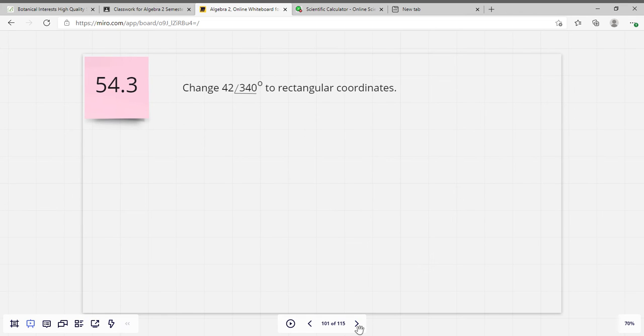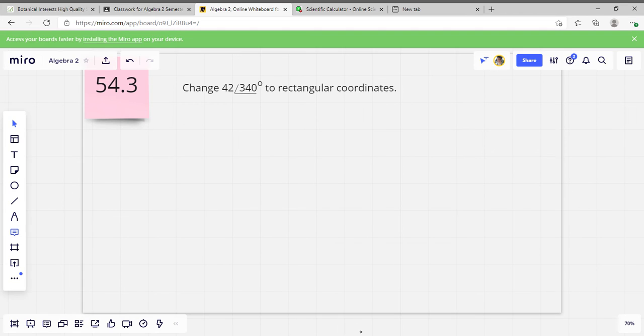All right, one more of these. Okay, so we're going to draw a little thing here to figure what our angle is. That's 340. We know that if we went all the way around, it would be 360. So it's a little bit less than 360.